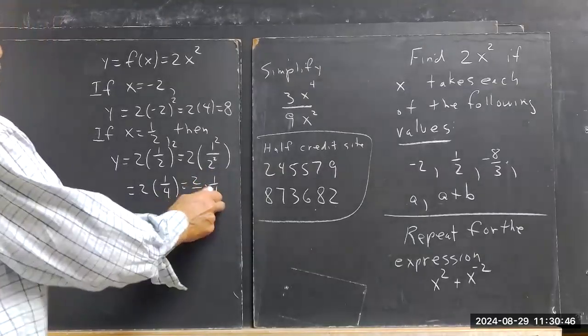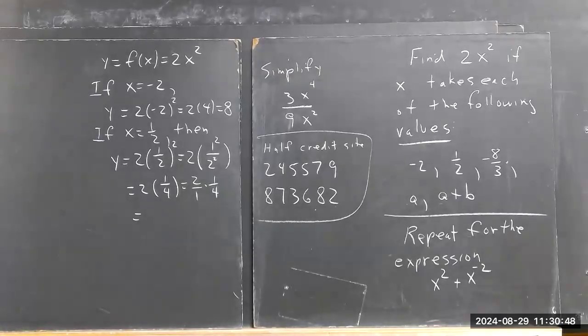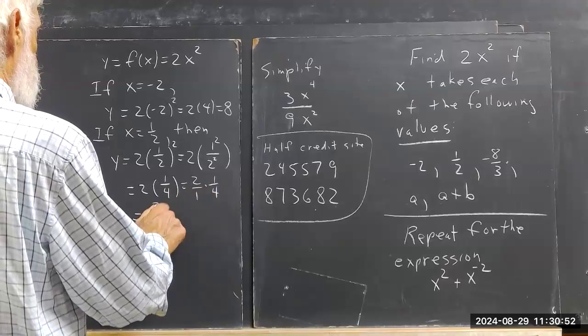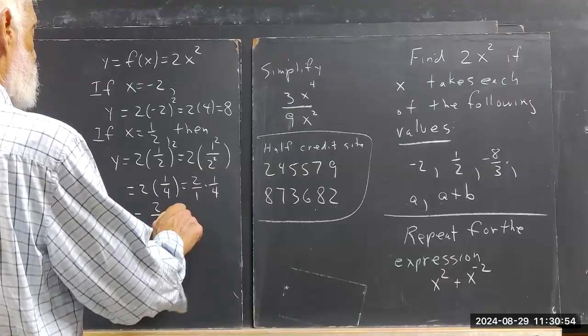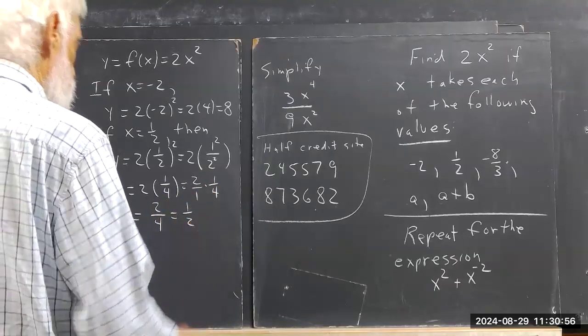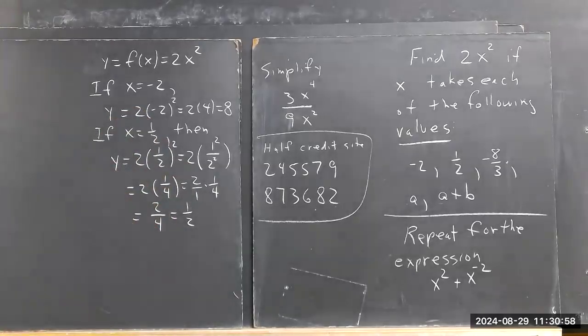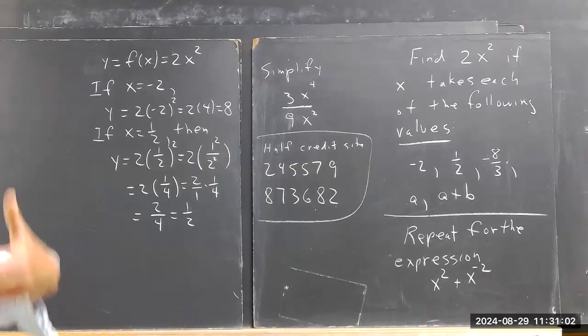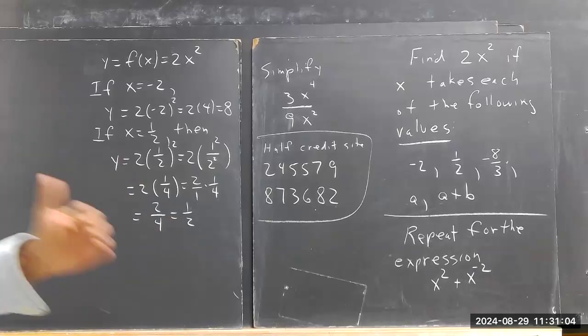Going a little overboard on the details, we want to make sure we understand. So now you multiply the numerators and you multiply the denominators, and then you reduce that to 1/2. I won't go into all the detail about that reduction, but you can divide the numerator and denominator by the same number without changing the value. 2/4 has the same value as 1/2.